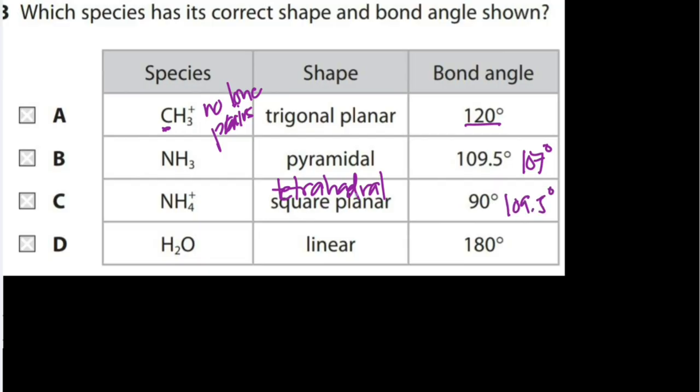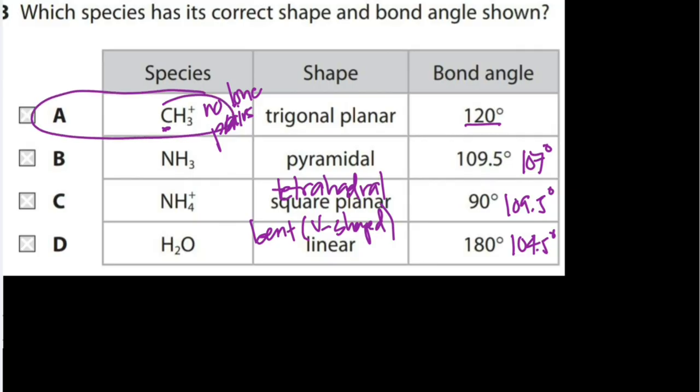And for water, water is bent or V-shaped with bond angle 104.5 degrees. So the species here that has the correct shape and bond angle is letter A, the methyl ion. So the answer should be letter A.